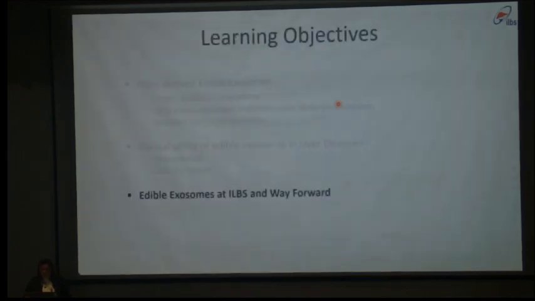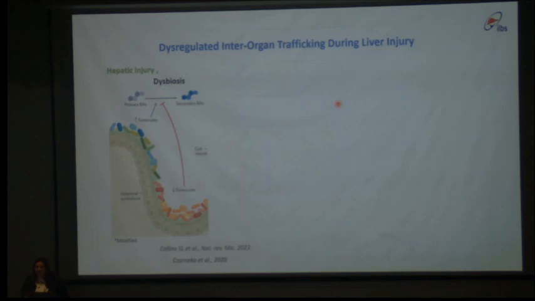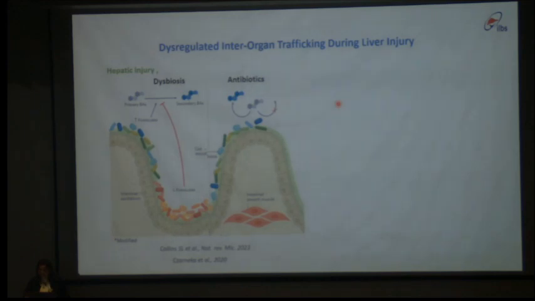So, edible exosomes at ILBS. I will begin with this: whenever there is a liver injury, we all know there is a gut dysbiosis, which is one of the hallmark features, and there is a change in microbiome flora. The so-called good bacteria, which convert the primary bile acids into secondary bile acids, become less abundant. Due to the infection status, the usage of antibiotics also modulates the gut microbiome.